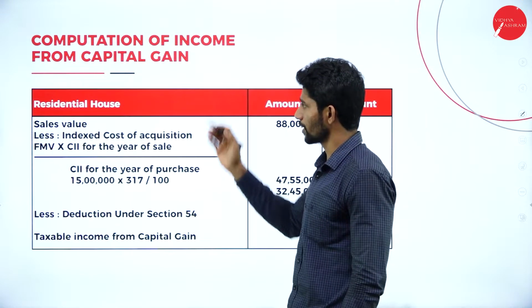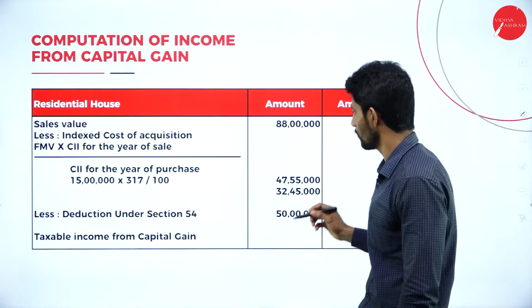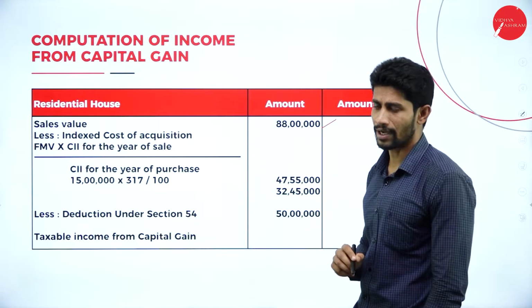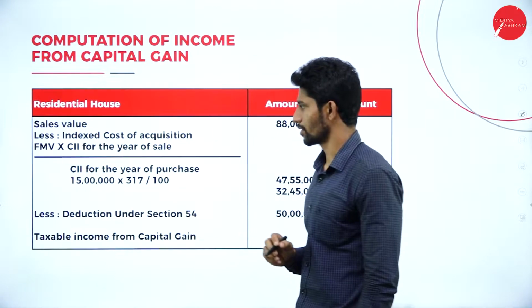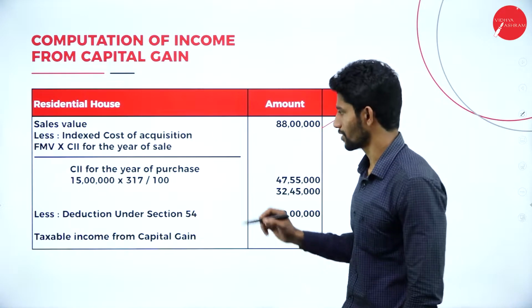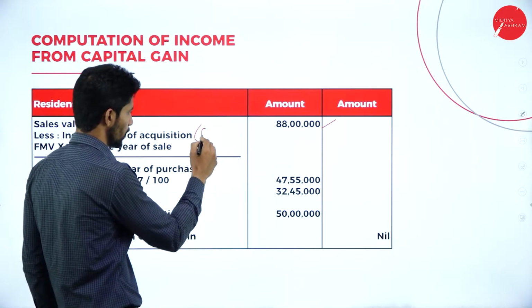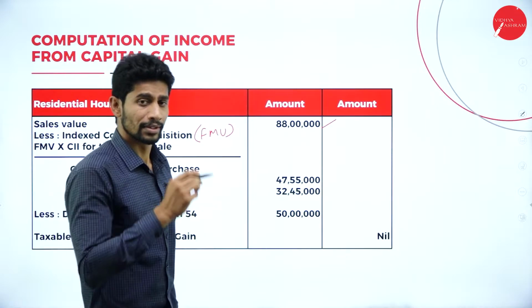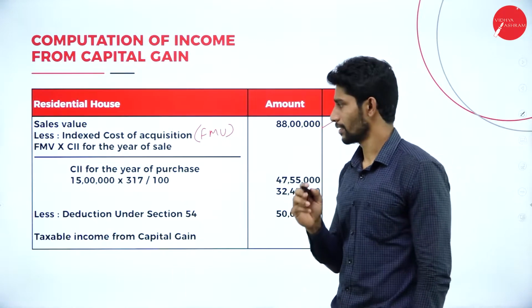So moving on to solve the problem, we are supposed to put 3 columns. So computation of income from capital gain. So sales value. Yes, what is the sales value? Sales value is 88 lakhs. The sales value is 88 lakhs less indexed cost of acquisition. So in indexed cost of acquisition, we are supposed to calculate the indexed cost based on fair market value, because the cost of inflation index is available from the year 2001, right?